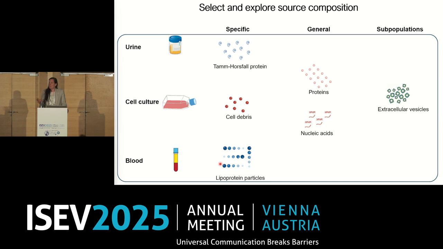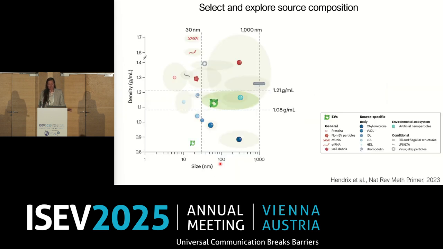But it is important to recognize that not only extracellular vesicles are part of the source, but that there are different types of particles. And when you study these particles in more detail in terms of their biophysical or biochemical characteristics, it can be very informative to decide how you will set up the preparation protocol starting from a particular source.